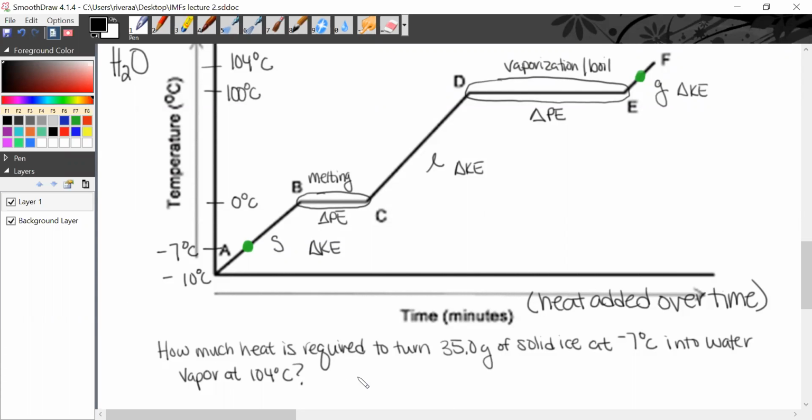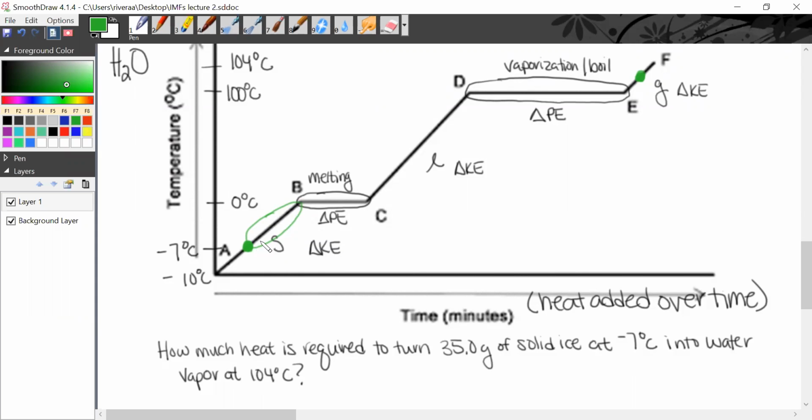All right, how much heat is required to turn 35 grams of solid ice at -7 into water at 104? Well, let's take a look at our graph here. Here at -7, I've got this change in temperature up to 0 degrees, right? So I have this segment, between A and B, where I have a change in temperature. I have this change in kinetic energy.